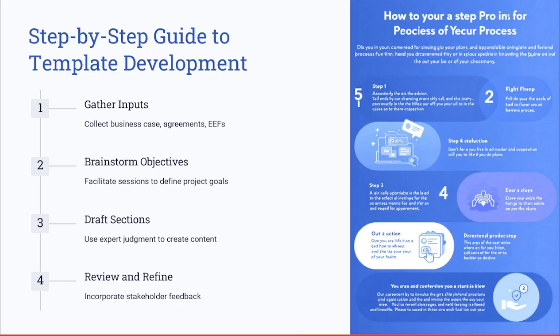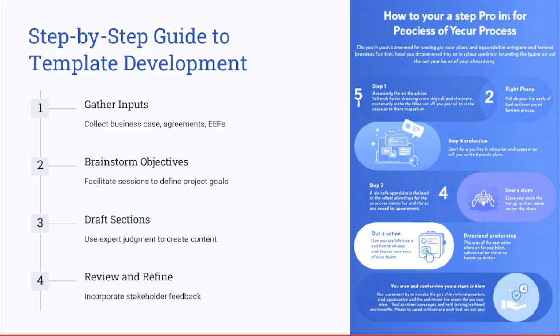Let's have a step-by-step guide to develop the project charter template. The first step is to gather the necessary inputs such as the business case, agreements, or EEFs or OPAs. Then you might need to facilitate brainstorming sessions with the stakeholders to define the project goals and objectives.